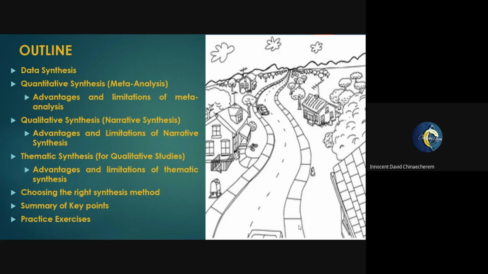Then we need to take a look at how we know when to choose the right model, when to choose either of the synthesis approaches that we've just looked at, and also have a summary of the key points, and then practice exercises. So this is how we're going to lay out our conversation on data synthesis for today. So let's get right going.